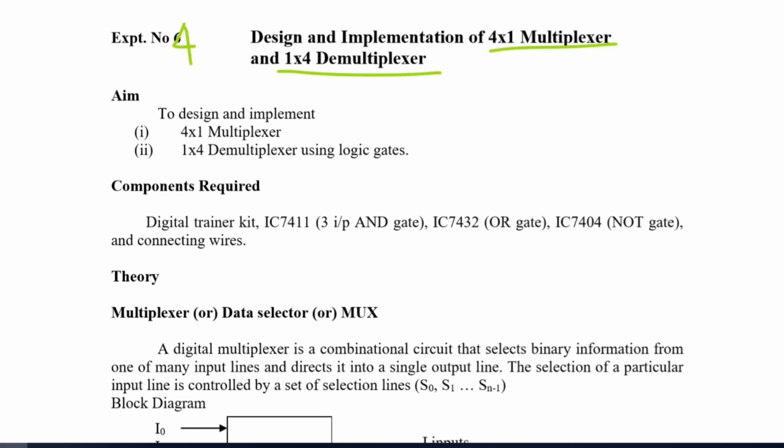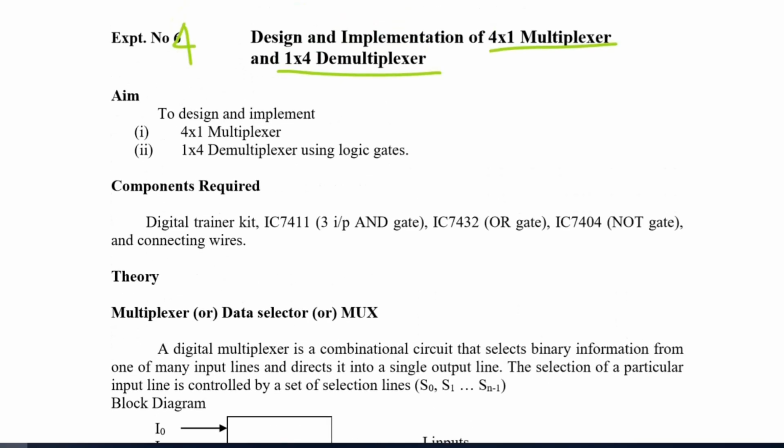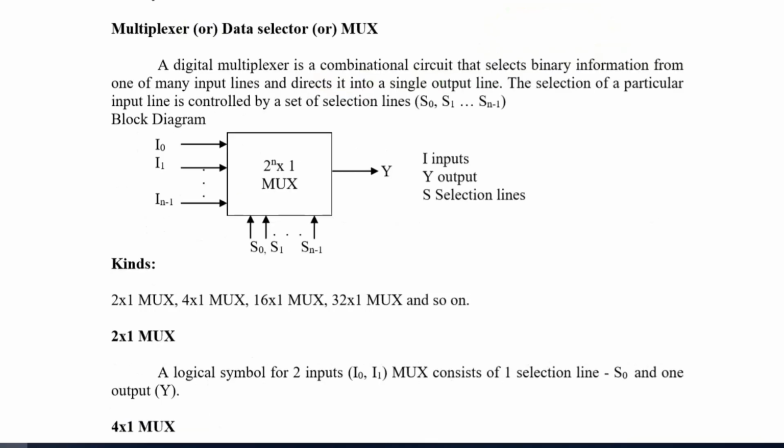For the benefit of you people to understand, I'm going to explain theoretically both 2 cross 1 and 1 cross 2 mux and demux. But in the laboratory session, you have to do only one: a 4 cross 1 multiplexer and 1 cross 4 demultiplexer is enough for you. I will explain the theory.